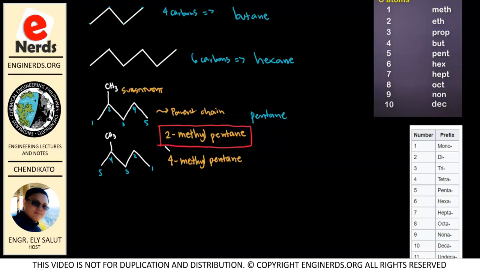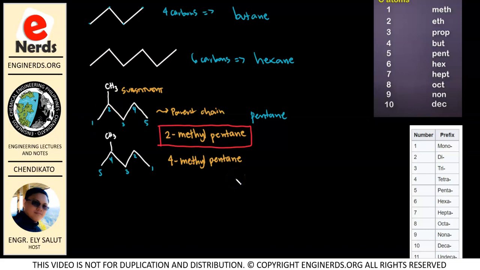That's our first rule. We choose the one with the lower number for the location of our substituent. So when we name alkanes or organic compounds, we look right away for where the lower number is. In this case, you saw that the carbon number on the right is bigger, so we have to count from left to right.